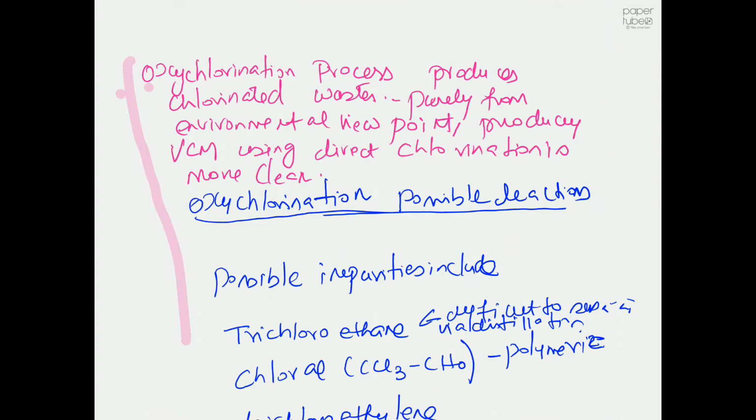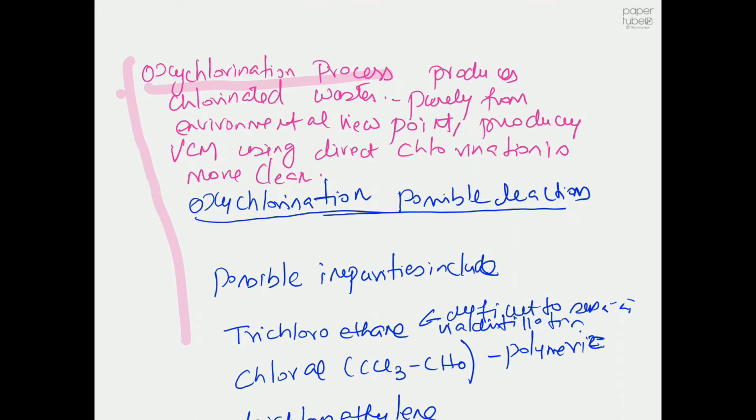So if you take, for example, this oxychlorination process, this process can produce a lot of chlorinated waste. Yeah. So in fact, purely from an environmental viewpoint, producing vinyl chloride monomer using just those first two steps, which is direct chlorination of your ethylene to ethylene dichloride followed by pyrolysis, is one of the cleanest processes.